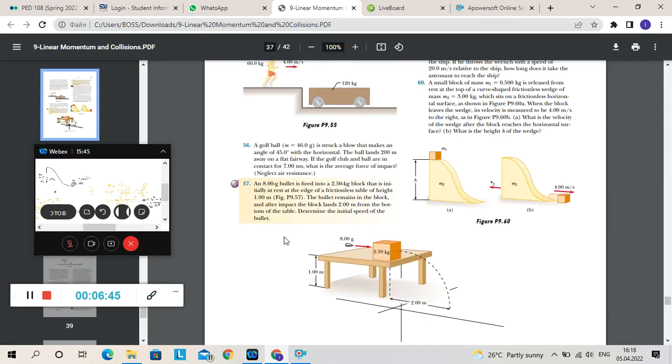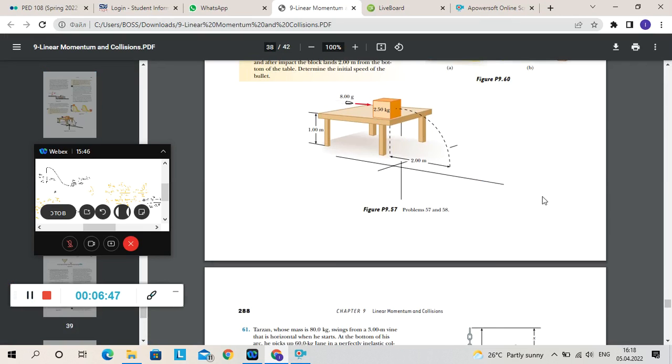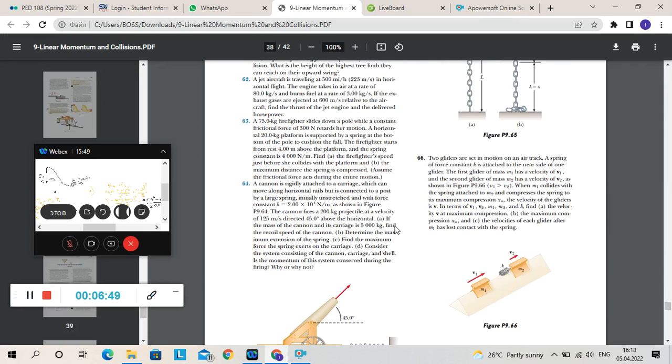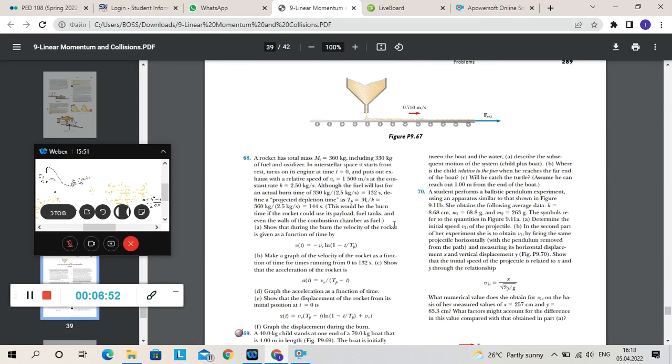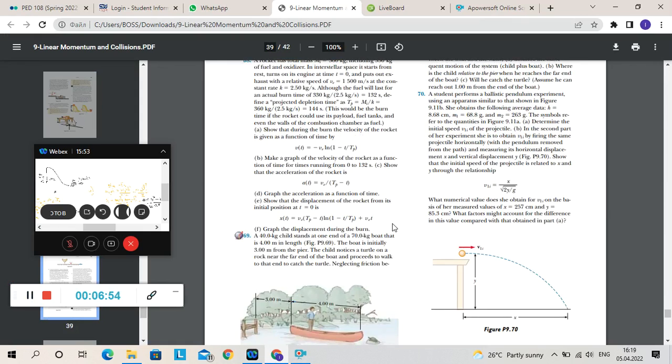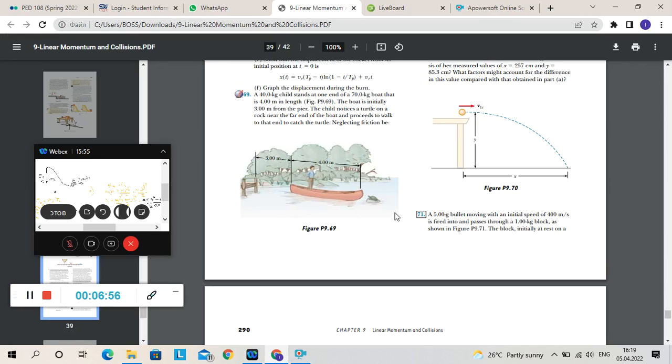Next question is 71. A 5-gram bullet moving with an initial speed of 400 meters per second is fired into and passes through a 1 kilogram block as shown here.